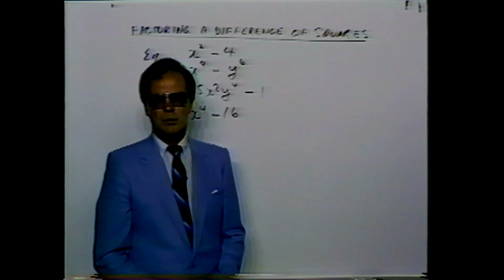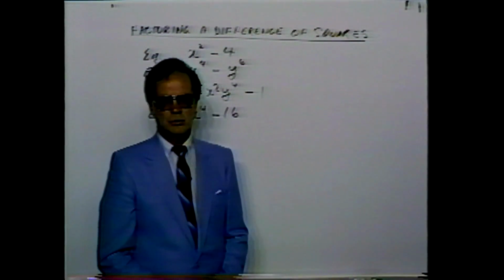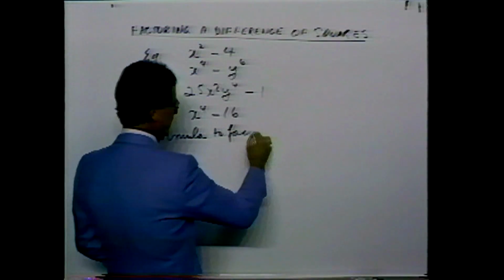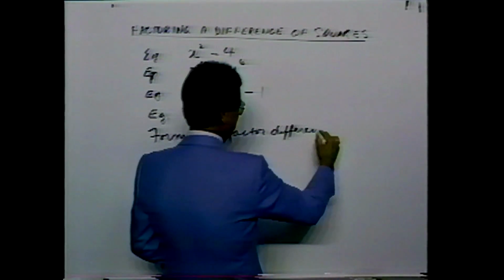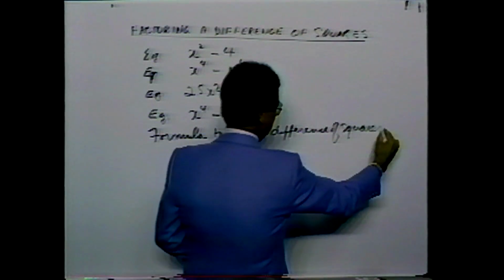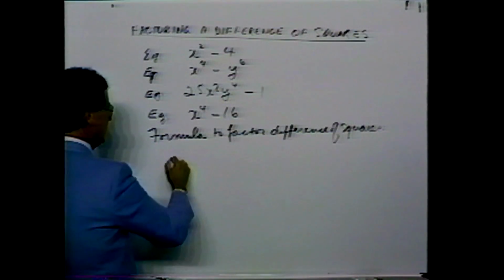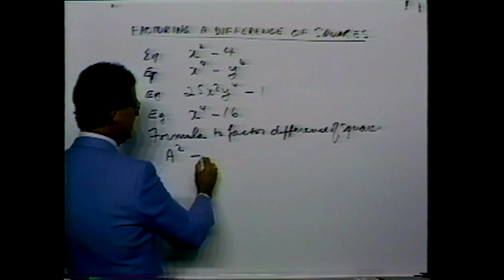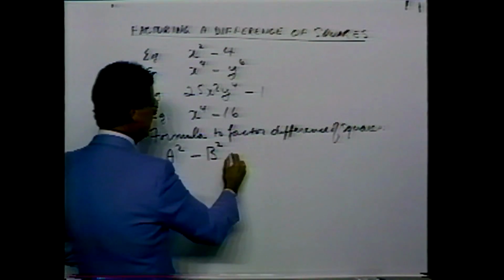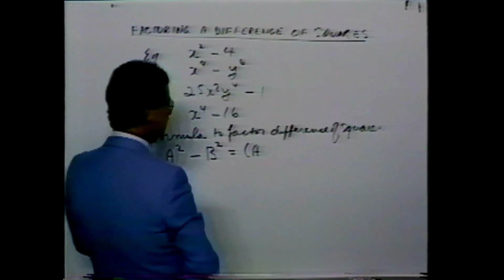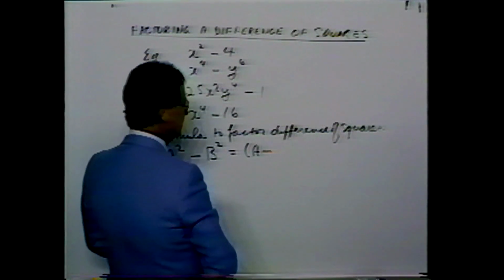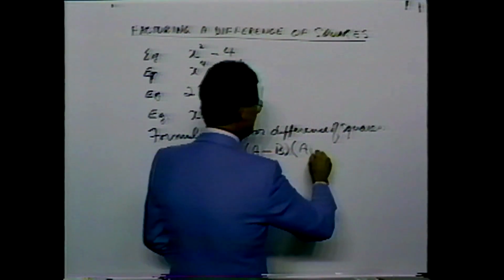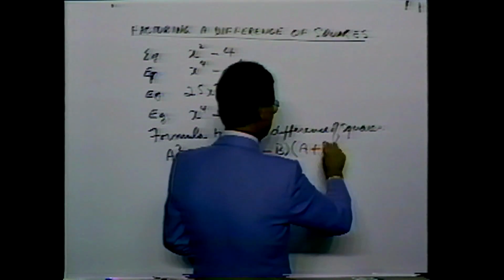Each one is a difference of squares type of expression, and so the formula is a squared, the first term squared, minus b squared is equal to a minus b times a plus b.